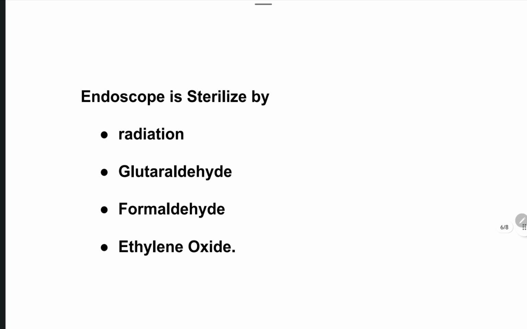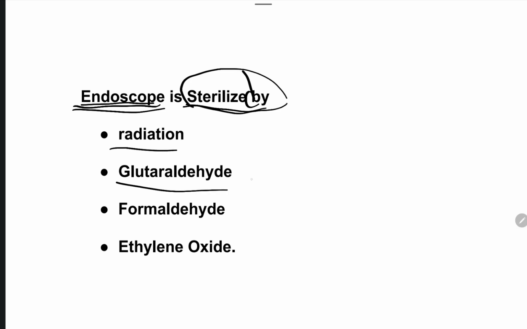The next one: endoscope is sterilized by. Endoscope is a tool; how can we sterilize it after using it for a diagnostic method? Options are radiation, glutaraldehyde, formaldehyde, ethylene oxide.